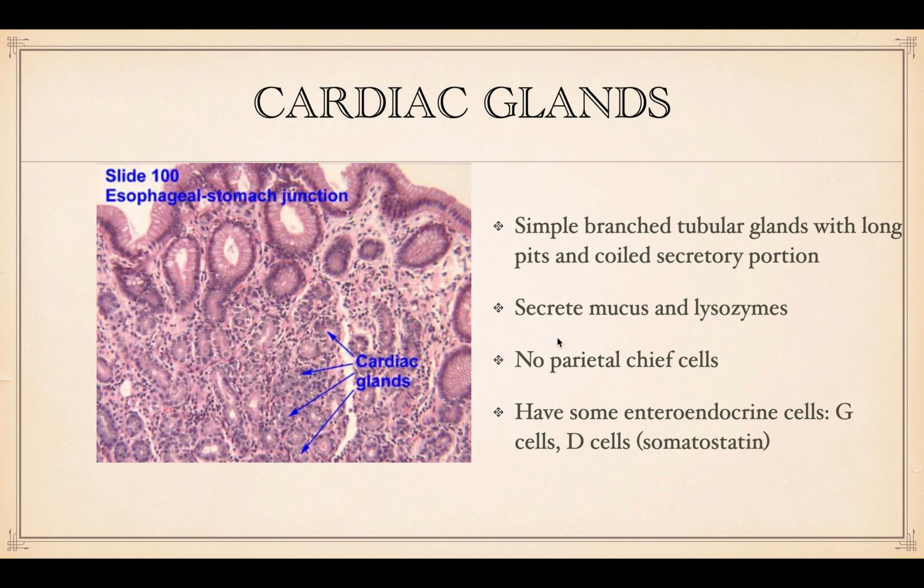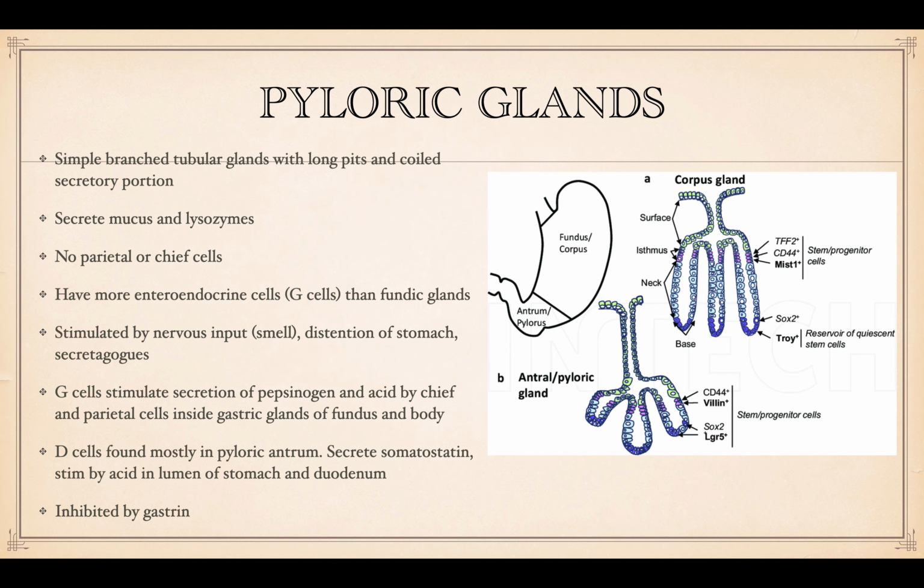And those will produce the mucus and the lysozymes, and they have some endocrine cells such as G cells and D cells. The pyloric glands are going to be simple branched tubular glands, and they have long pits and a coiled secretory portion, and those will also secrete mucus and lysozymes. Once again, there's no parietal or chief cells.